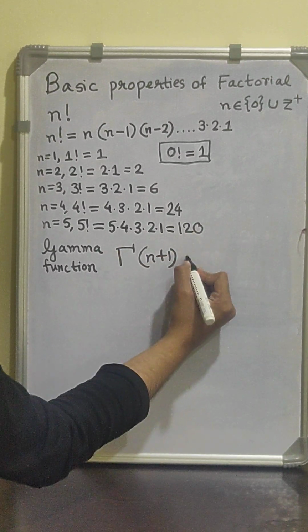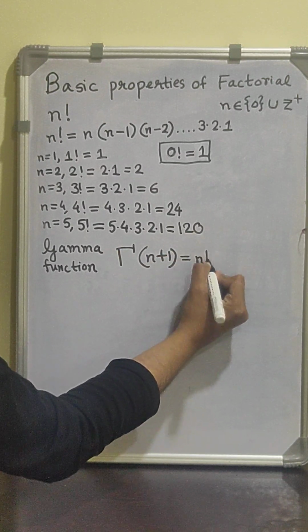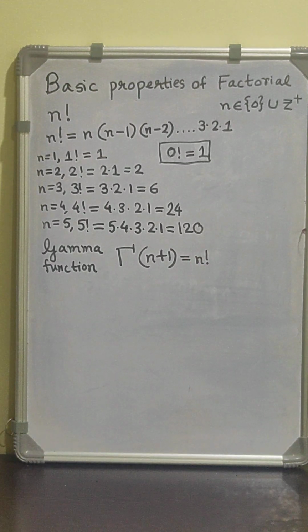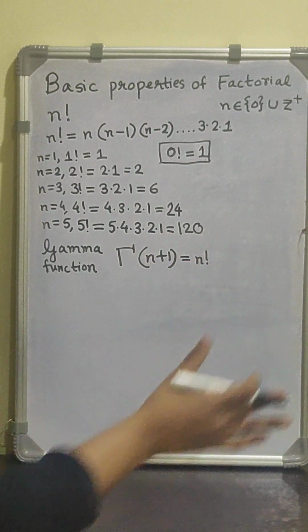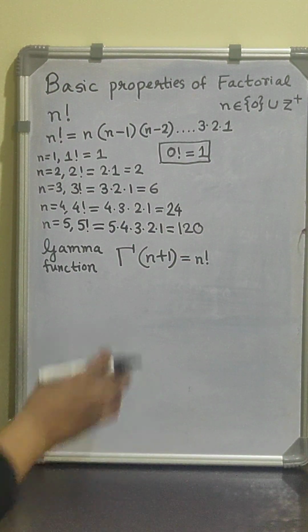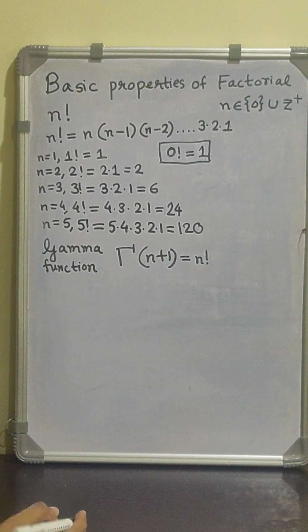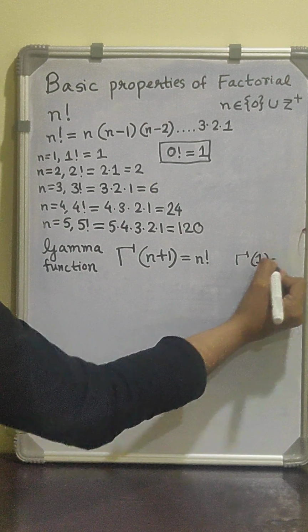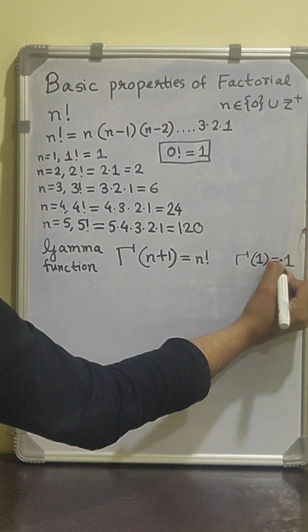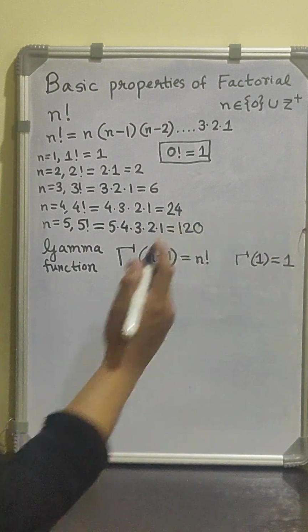So gamma of n plus 1 is equal to n factorial. This is just a property of the gamma function. I'll not be proving why this happens because this will need another dedicated video on the gamma function itself. And gamma of 1 is 1. This can be proved by integral calculus.